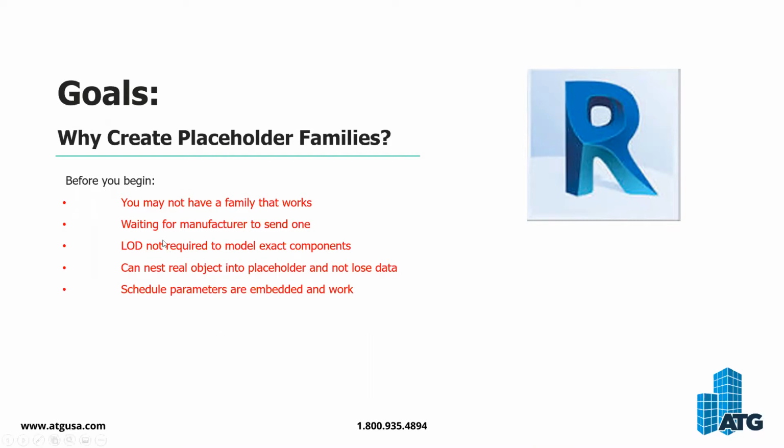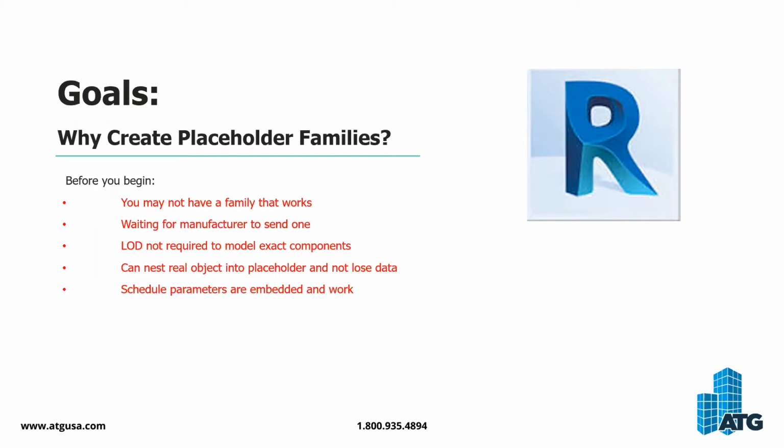If the manufacturer builds them for you on the fly, like in the case of mechanical equipment, like from Trane, if it's an air handler or rooftop unit or something like that, you might give them very specific data from your analysis software, send that off to them, and they generate the piece of equipment. But if you need something to place in a DD set and you haven't gotten your thing back from Trane yet, you might have a placeholder family to sit in its place while you're waiting for the one from the manufacturer.